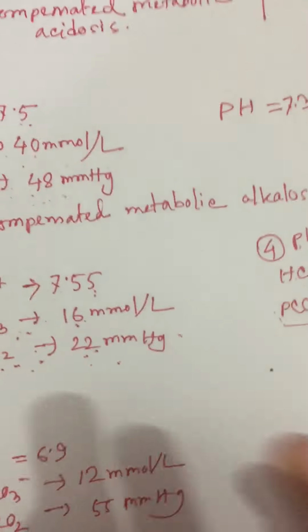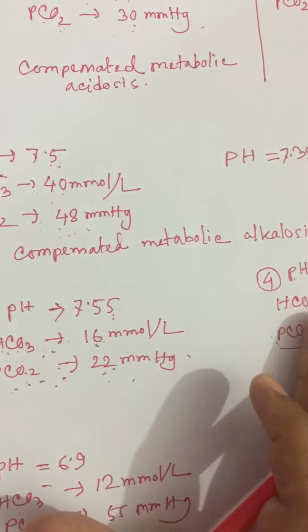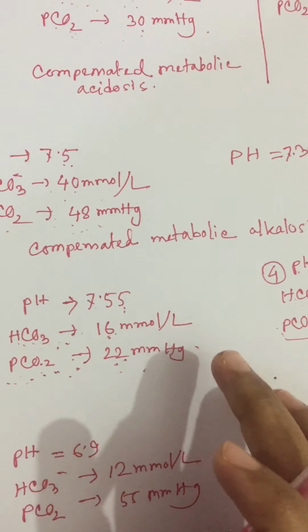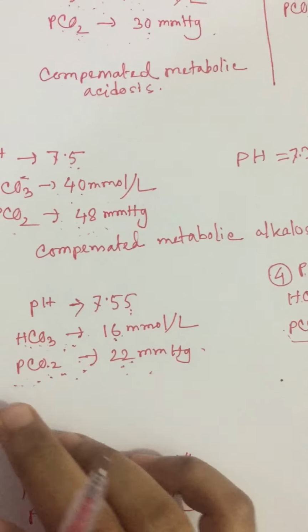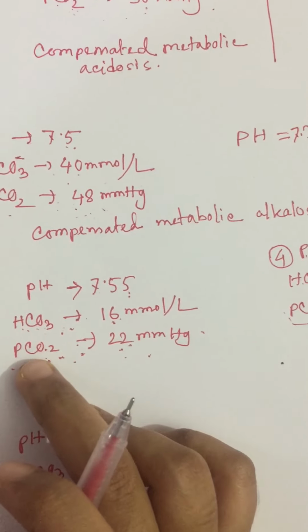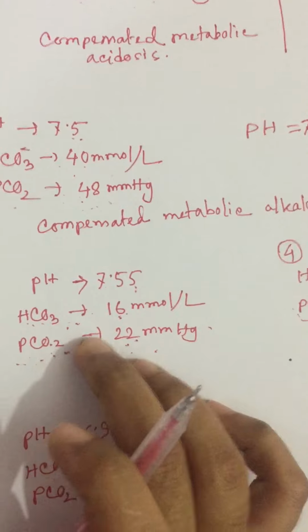Now we have seen in all these conditions, compensation goes in the direction of the primary defect. That means if the primary defect is an increase in partial pressure of carbon dioxide, bicarbonate level will also be increased.